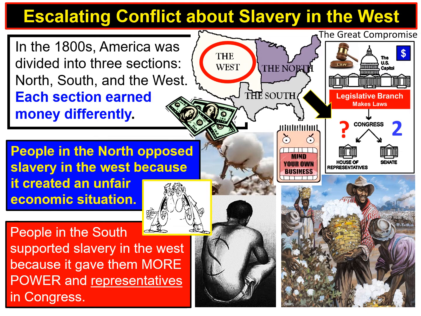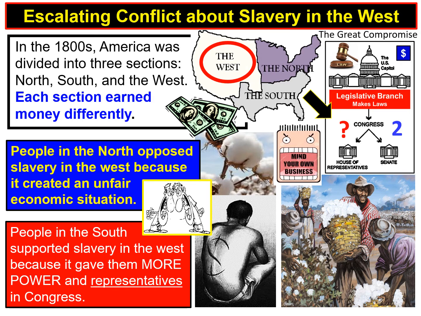And the West, you had farming, you had ranching. But people in the North and South, they began to have major conflict about slavery. The people in the North did not want slavery in the West because they thought that it would create an unfair economic situation. Now, remember, with slave labor, you don't pay the people that you enslaved. They're forced to work for free.